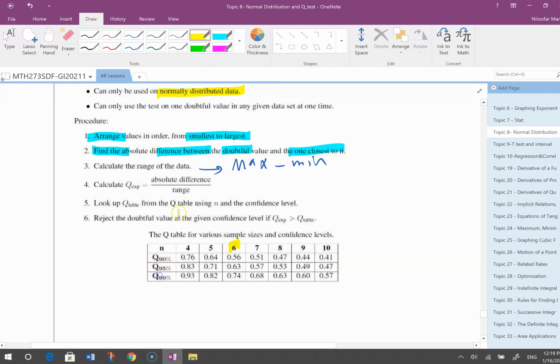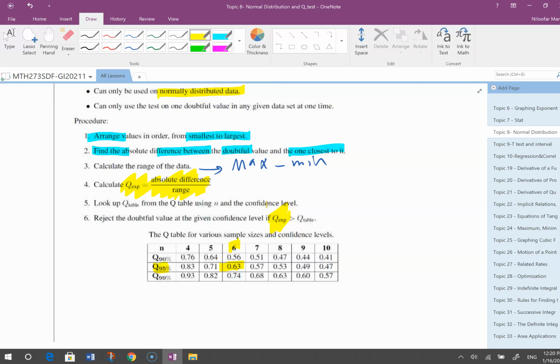And if I say, for example, 95%, I choose this. If the result that I find here is more than what I see in the table, I say at a confidence level of 95%, I can reject this data, the one that I have doubt about. If it is not more than, no.